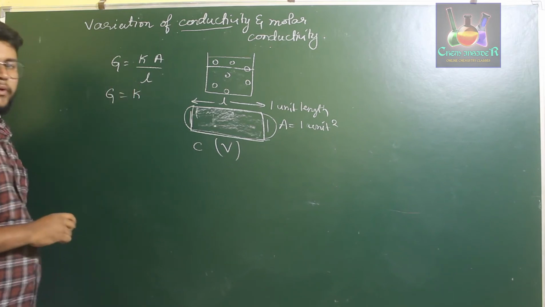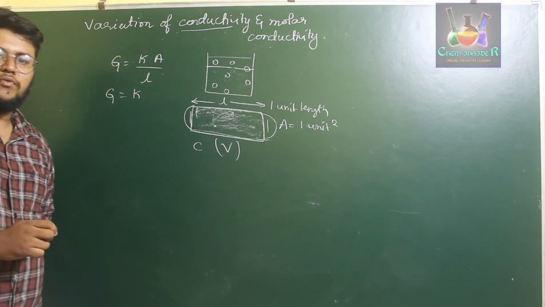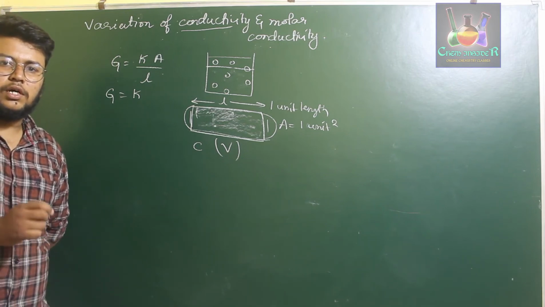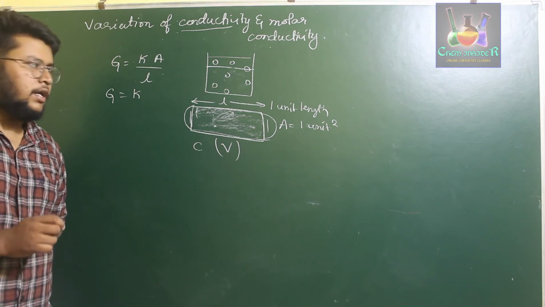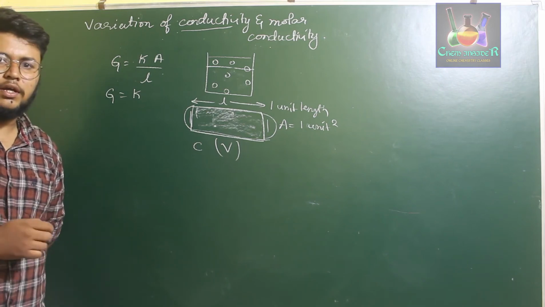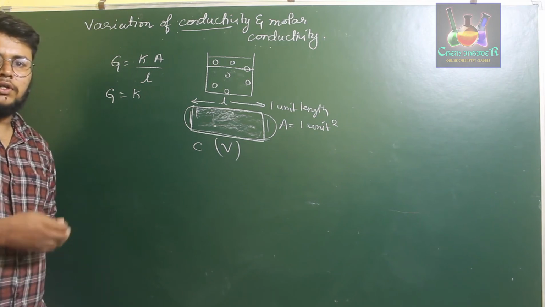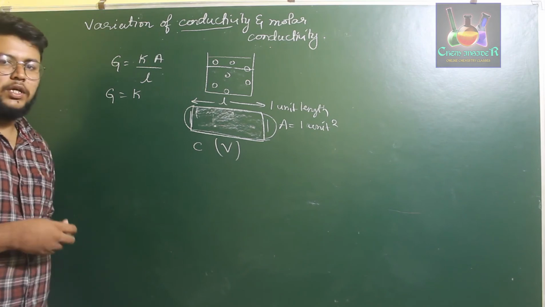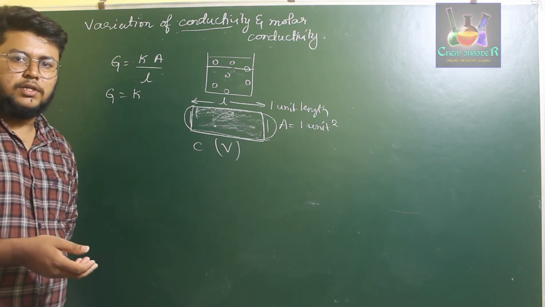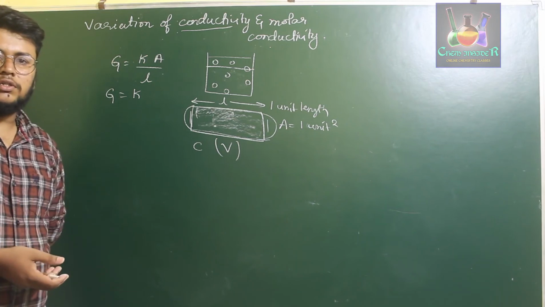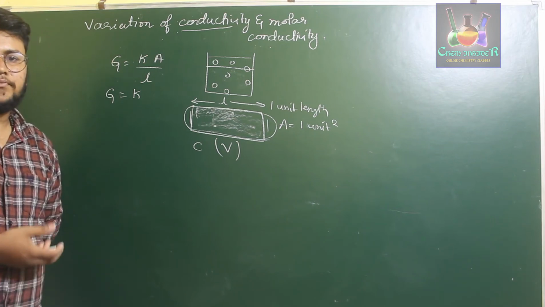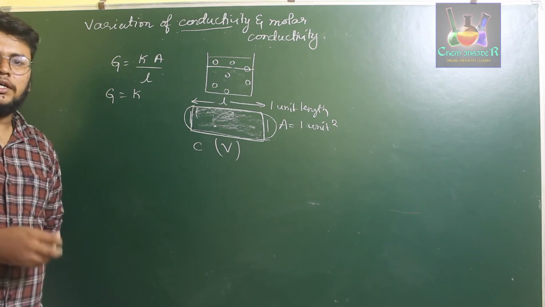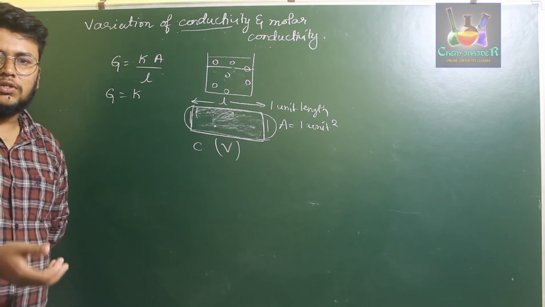So the conductivity will be equal to the conductance of the particular solution. Therefore, if we decrease the concentration, we observe a decrease in conductivity. The conductance of a cell decreases with decrease in concentration.